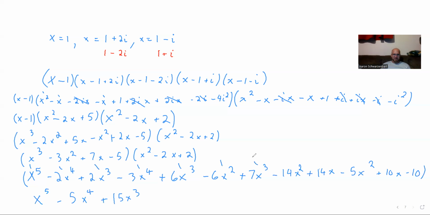Now we get to our x squareds. -6 and -14 is -20, -25x squared. 14 and 10 is plus 24x minus 10. And that is correct. So this is my 5th degree polynomial with roots at 1, 1 plus 2i, 1 minus 2i, 1 minus i, and 1 plus i.